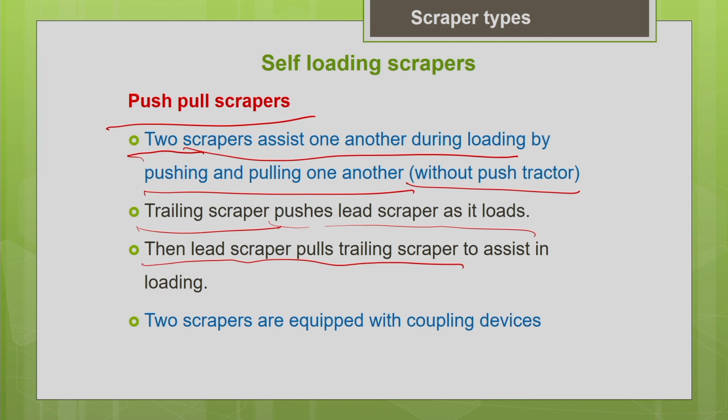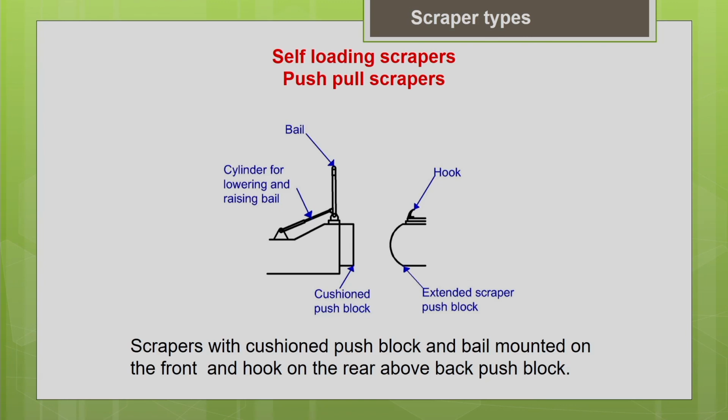To facilitate this, the scrapers are equipped with coupling devices. So, we can see the picture. This is a kind of coupling device, like the scrapers will be having the cushion push block. You can see the push block. This is also another scraper push block. The scraper has this hook and the bail arrangement, so that you can easily connect one scraper to another scraper. And these push blocks facilitate pushing when the scrapers are pushing each other.